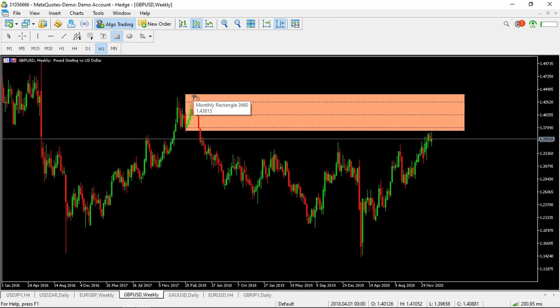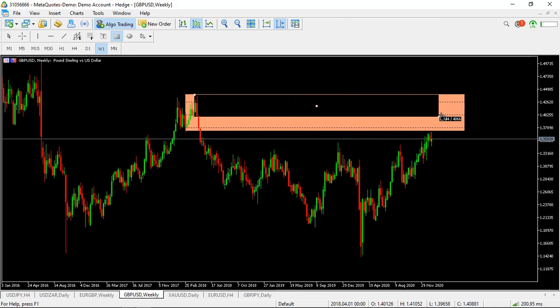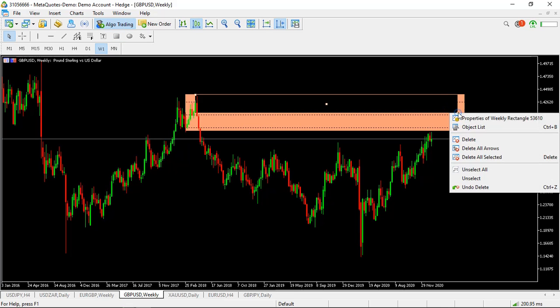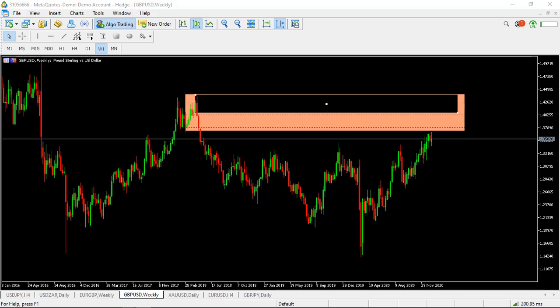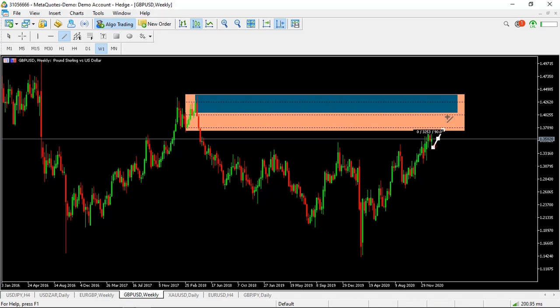You can refine your supply. Okay, make it like that. You can refine your supply. So according to GBP USD, it's safe to wait for it to come up here, and when it gets up here you can start looking to sell the market.